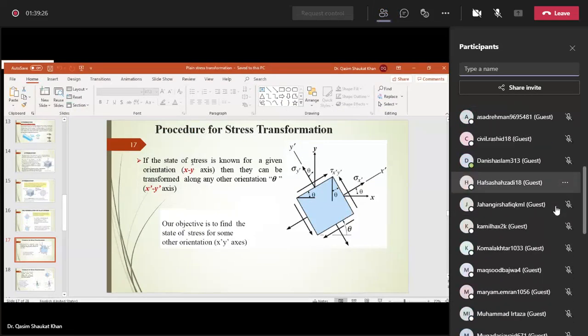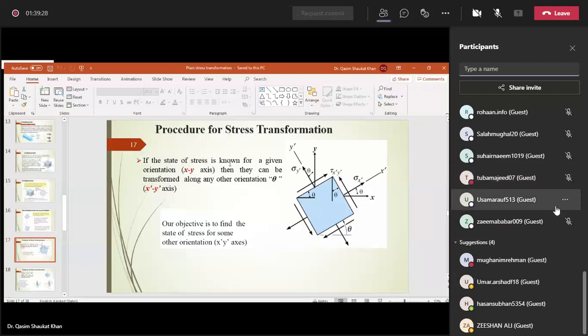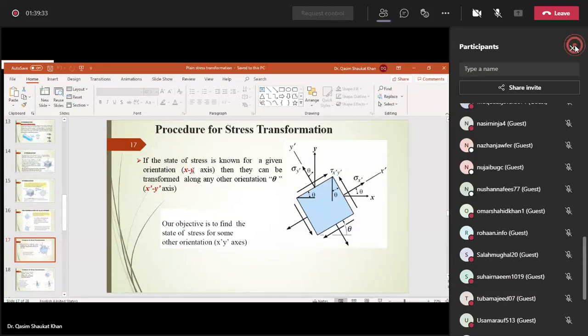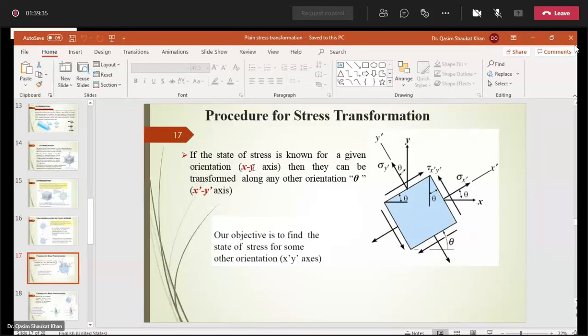If the state of the stress is known for a given orientation of the xy axis, meaning you were given sigma x, sigma y, and tau xy.